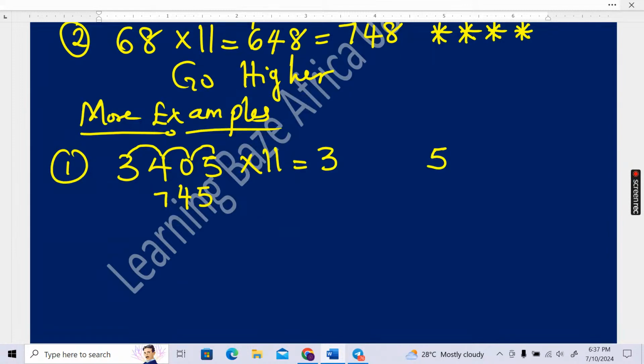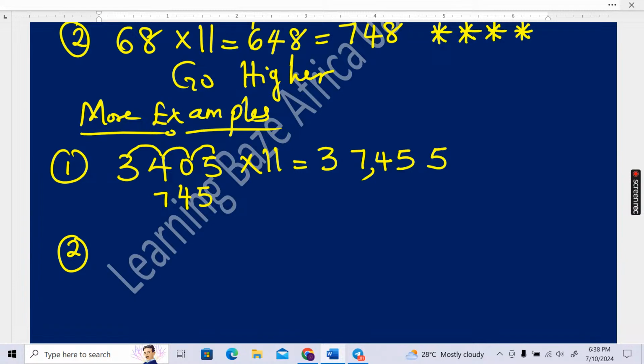So I'm going to write 745 at the middle of these two numbers. So my answer is equal to 37,455. 3,405 times 11 is equal to 37,455.